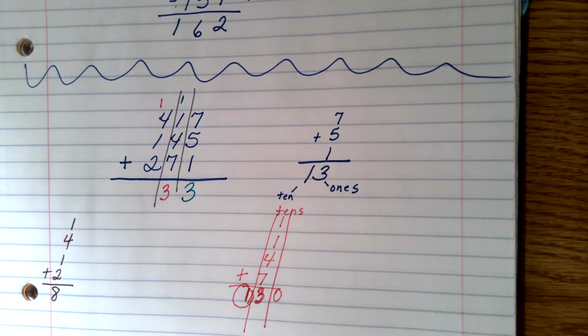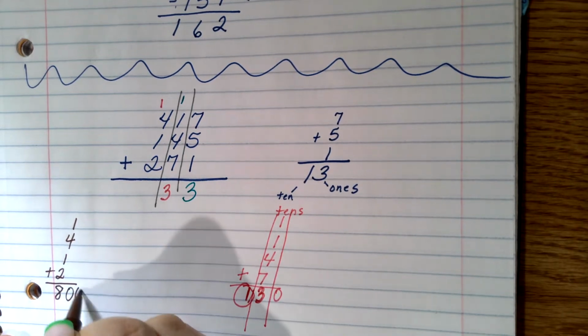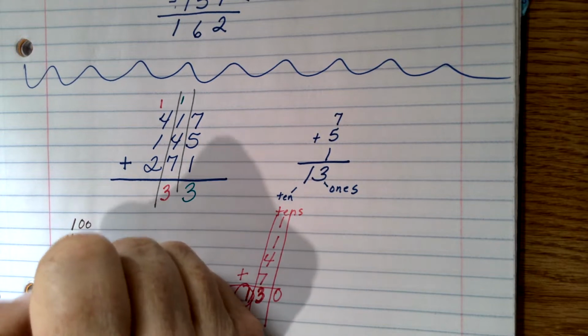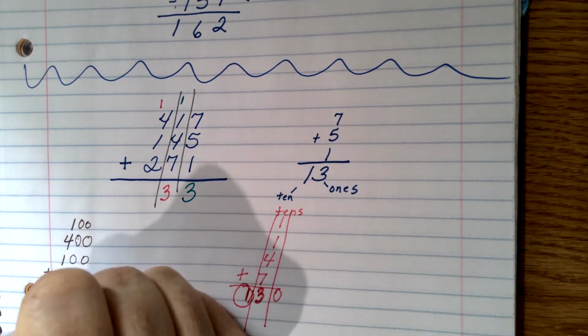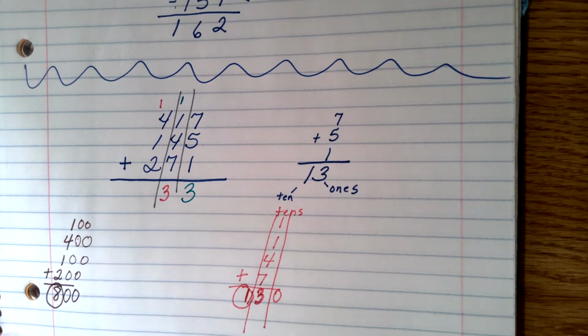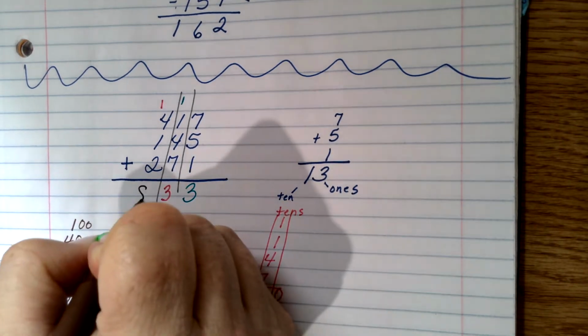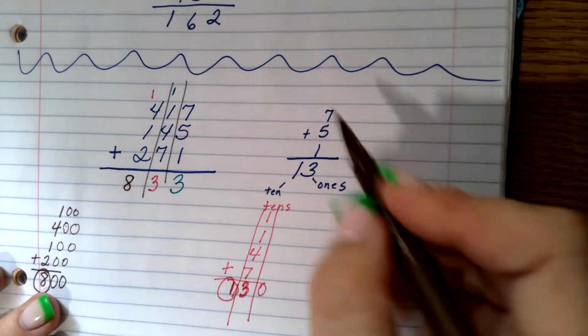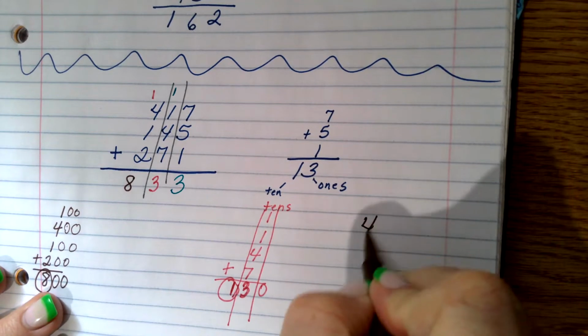So again, this is technically 800. Okay? Because we're adding 100 plus 400 plus 100 plus 200. So we're going to put this 8 in the hundreds place value. 833.